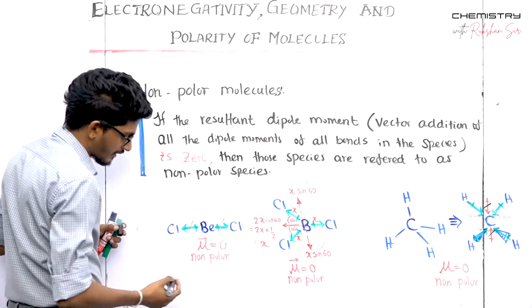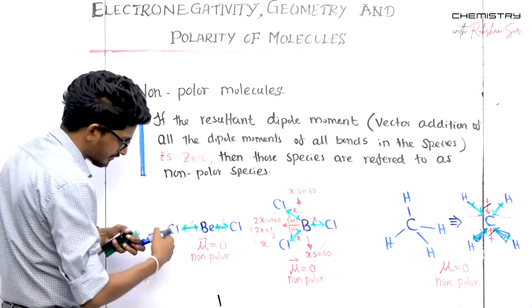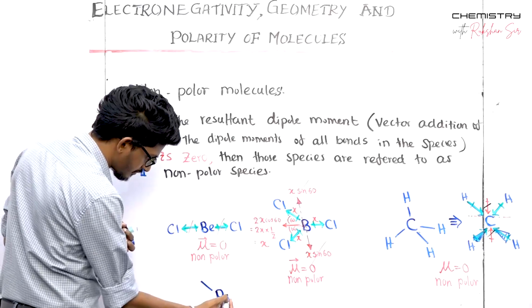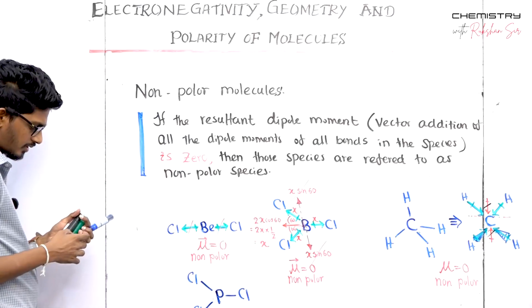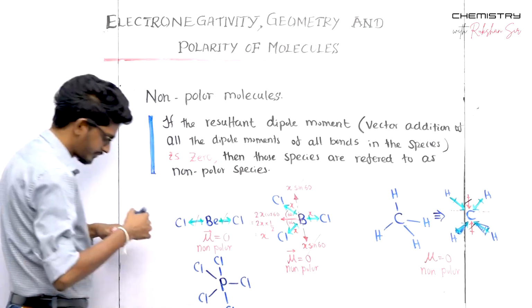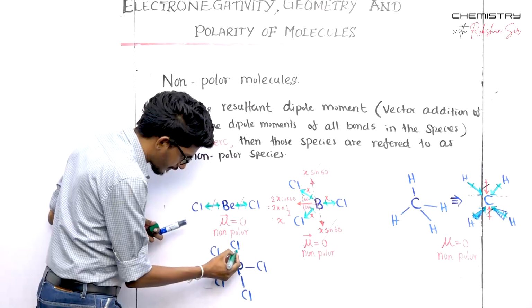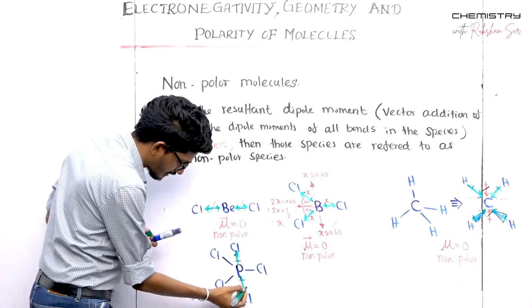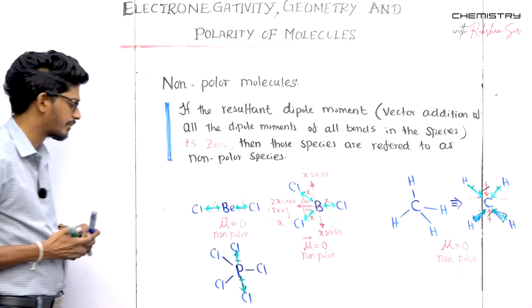See the PCl5. There is another example. See, when it comes to PCl5, right? This is how it appears now. So these two dipole moments, the up and down, you remember the shape, right? PCl5, that fan shape, that trigonal bipyramidal.